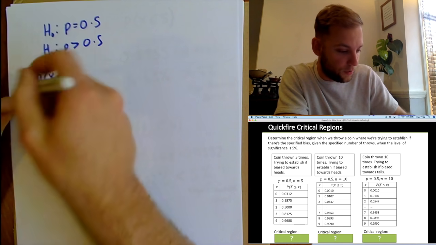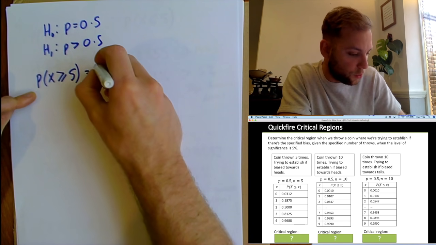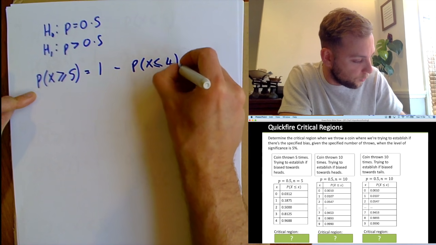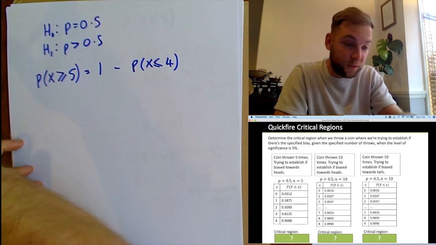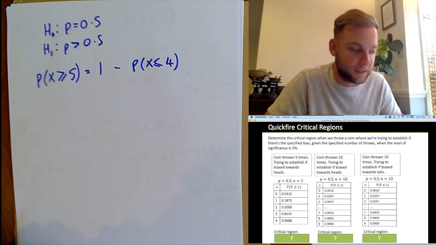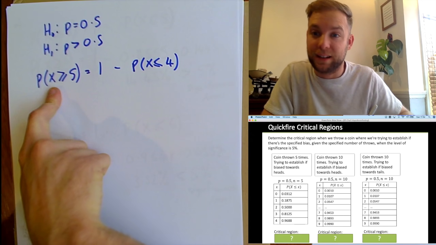So the first one which exceeds 95, our probability of x being greater than or equal to 5 is equal to 1 minus the probability of x being less than or equal to 4. So our first one is 4. You can see that 4 exceeds 95%, or 0.96. So our critical region is going to be anything above that, greater than or equal to 5.